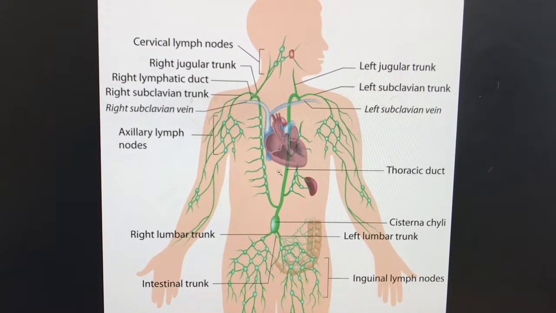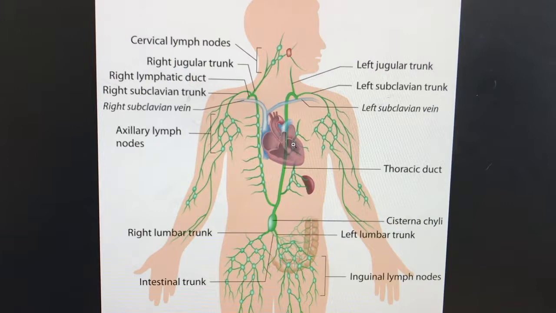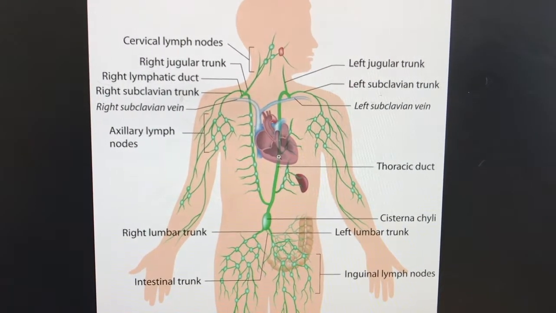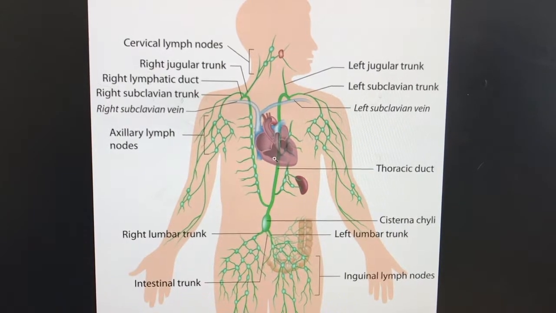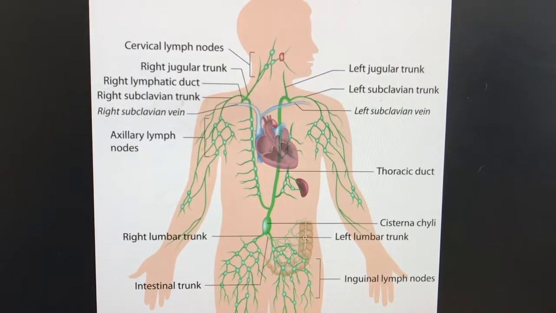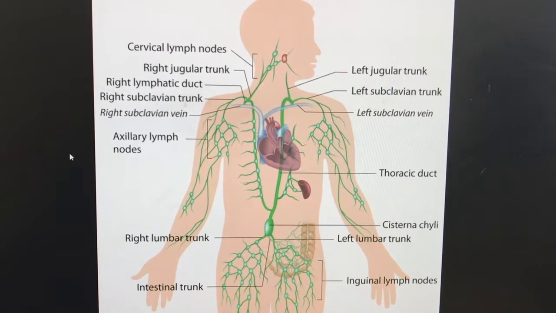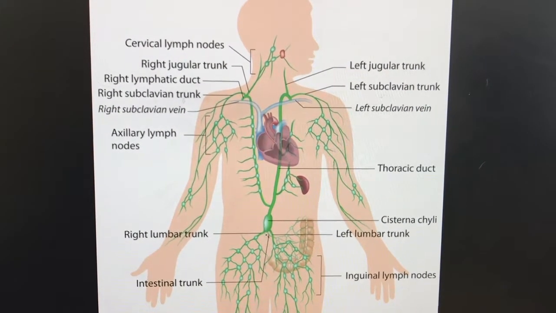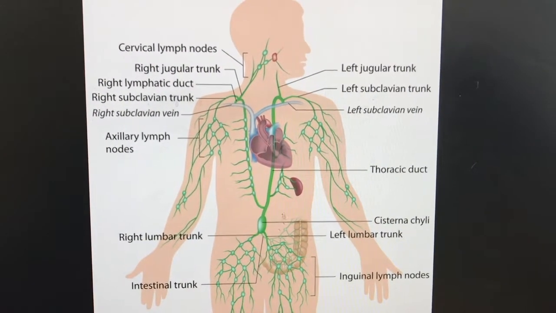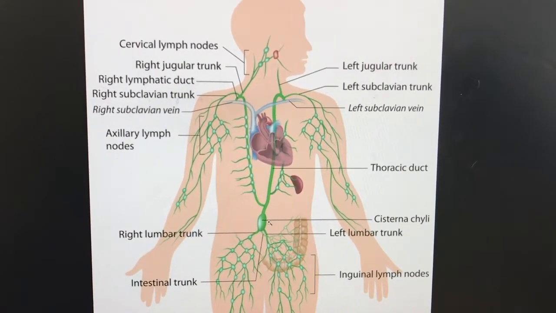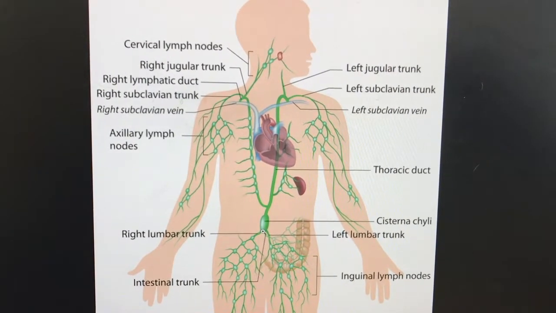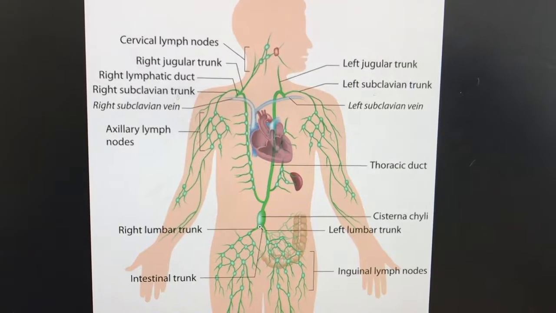And this is your left lymphatic duct, which can also be called the thoracic duct, and which drains the left side of the body and everything below the diaphragm. And here is the cisterna chyli, the structure that collects lymph from the legs and abdominal area, and this is where we see the chyle coming from the digestive tract.